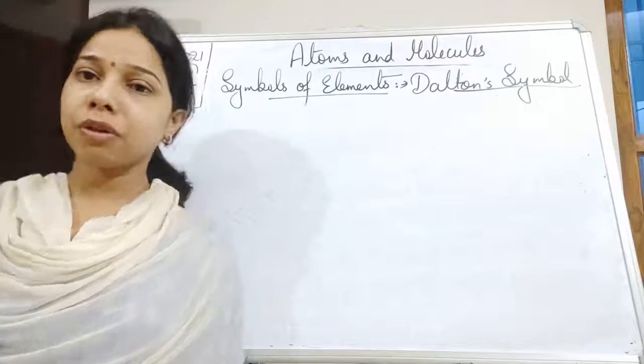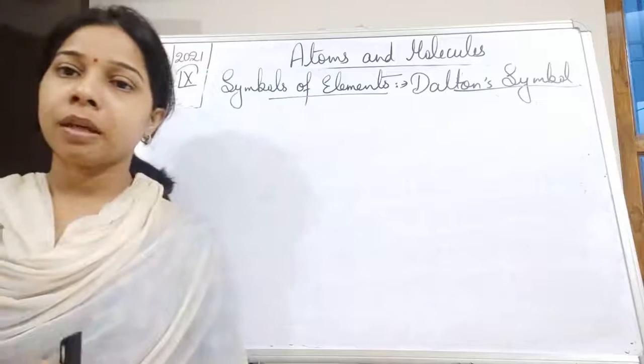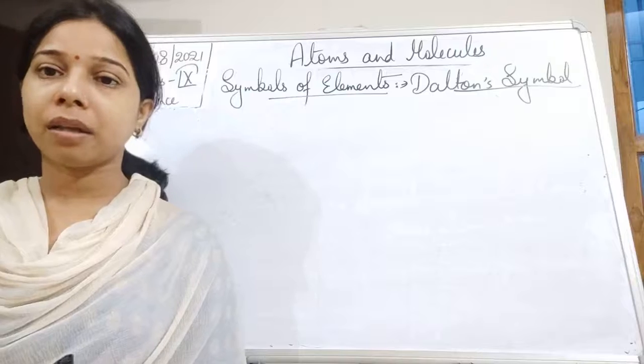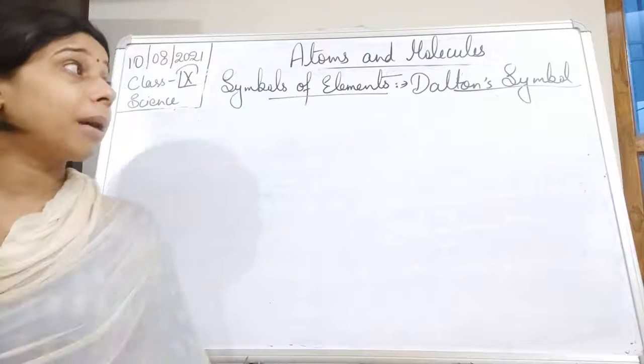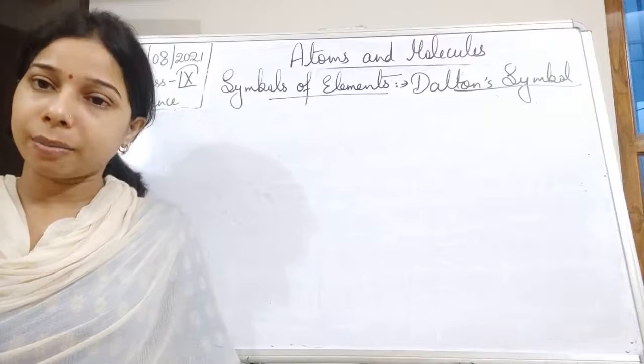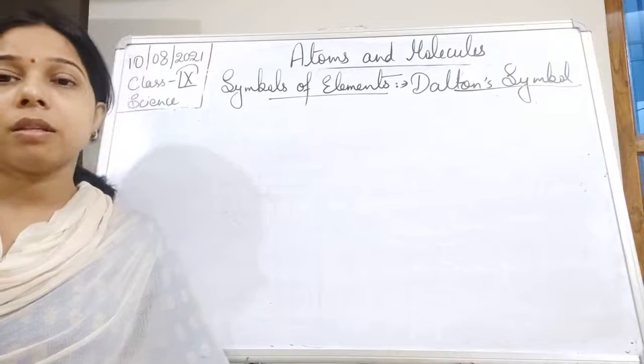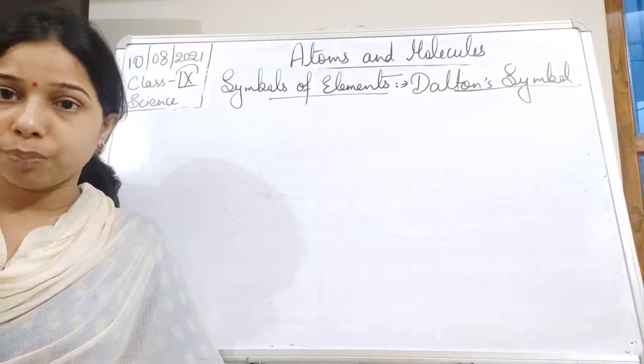So it was the first time when Dalton gave the symbol of the element, and the symbol given by Dalton is for an element as well as for an atom also.